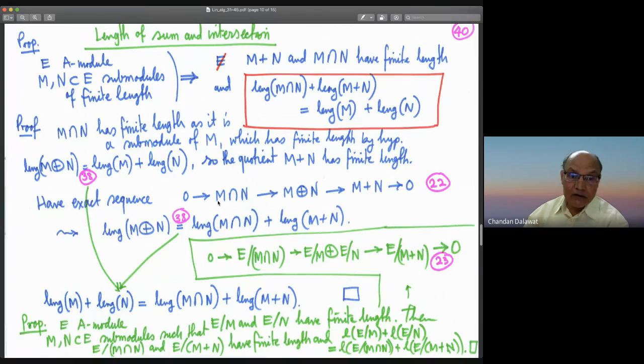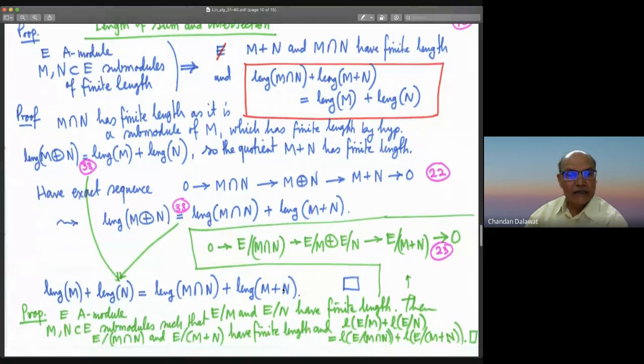But we have also proved that this sequence here is exact: M intersection N going to M direct sum N going to M plus N. The first map is sort of the diagonal map, and the second map is, I'd call it P minus Q, where P is the projection onto M and Q is the projection onto N. So, because of this exact sequence, the length of M direct sum N is going to be equal to the length of M intersection N plus the length of M plus N. But I had already computed the length of M direct sum N as the length of M plus the length of N. So I get this thing, which is what was to be proved, right?